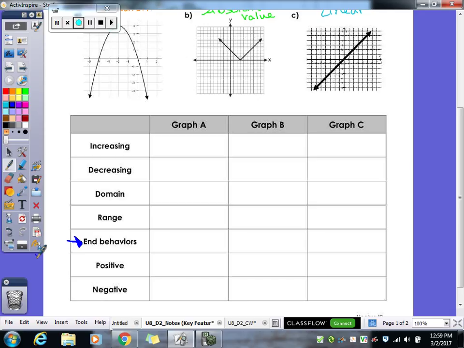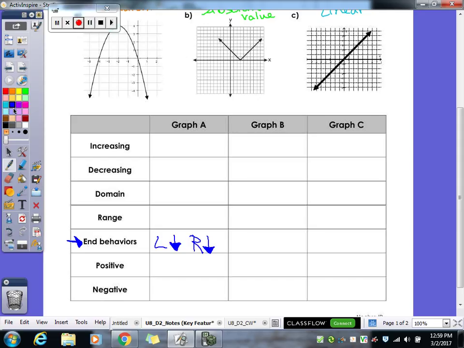So if we look at our quadratic, our left side of our graph is pointing which way? Down. So we would say left side down. Which way is the right side pointing? Down. Right side is also pointing down. So how about for our absolute value graph? Which way is our left and right side pointing? Up.